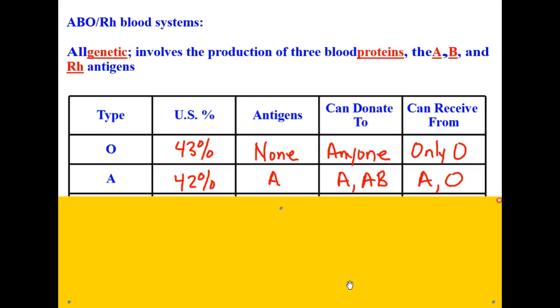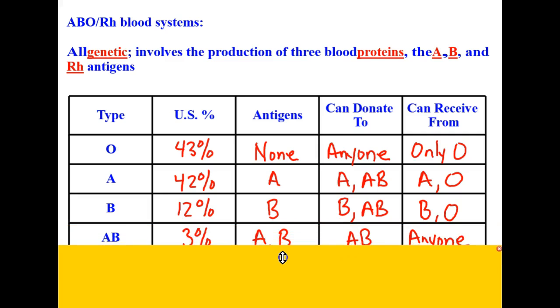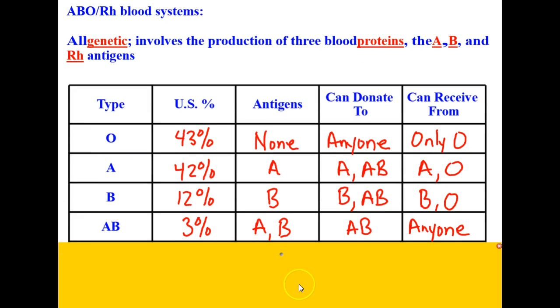And type A can receive from type A or type O, since O doesn't have any antigen proteins. 12% of the U.S. population has type B. It has B antigens, can donate to anyone that has type B or type AB, and type B can only receive blood from other type Bs or type Os, again because O doesn't have any of the A or B antigens.